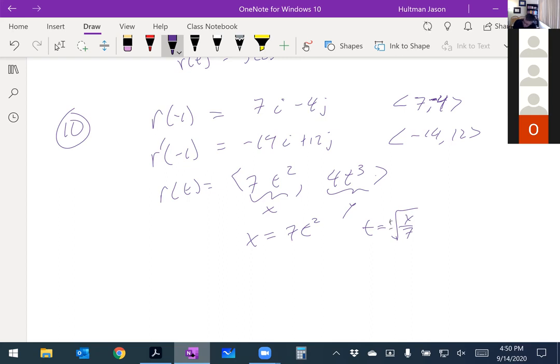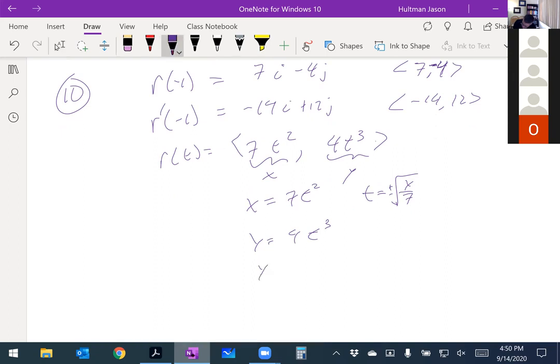Plus or minus. Okay. And so I know y is equal to 4t cubed. And so y is equal to 4 times this guy, right? Plus or minus x over 7 to the third power. Okay, x is always positive, that's fine.